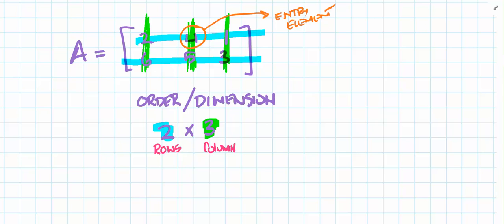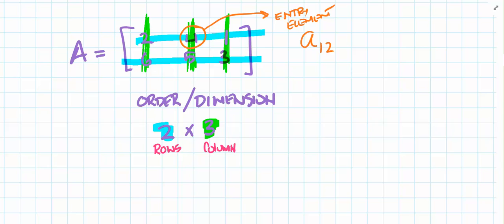So we call this element A1,2. What do you think the 1,2 subscript stands for? Exactly. A1,2 stands for row 1, column 2. That's not twelve, it's A1,2.